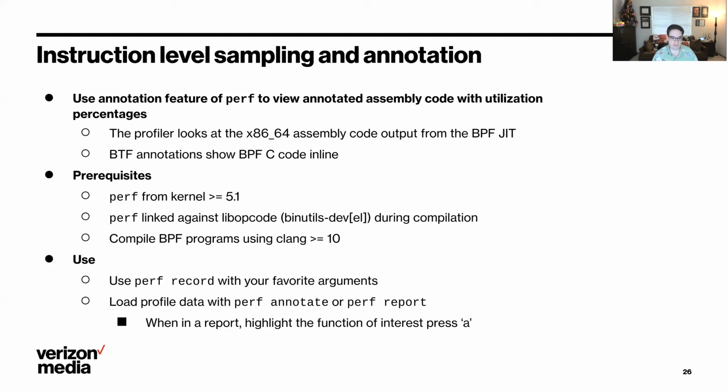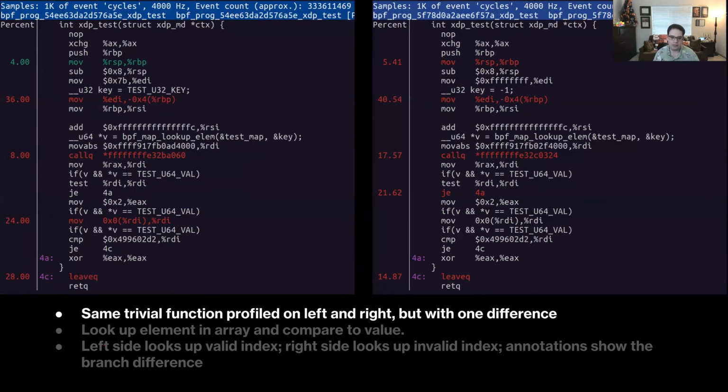You just use perf record with your favorite set of arguments, and then you can either look directly at annotated functions with perf annotate, or if you look at a perf report, you can go into any function of interest just by pressing the A key. So here is an example of a trivial function looking at the annotated code.